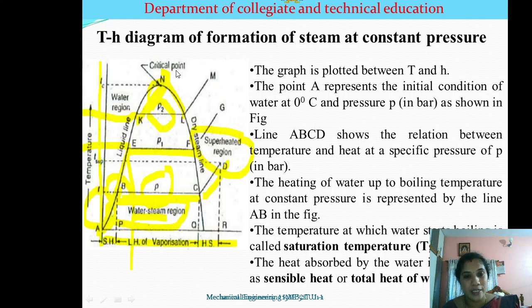So dear students, in the next session I want you to tell me the value of critical pressure. Hence I have not mentioned it on this slide. You have to tell me the value of critical temperature and critical pressure, but I have told it twice.